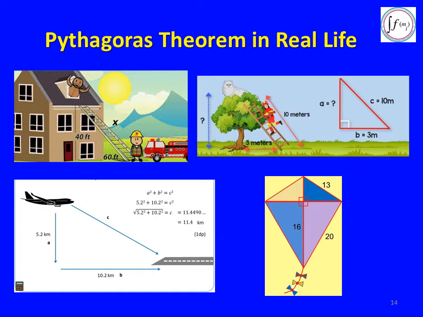With experience, we can understand the ratios of these lengths and the relationship between them. This aeroplane landing: what is the distance to be traveled up to the runway when the height is 5.2 kilometers and the horizontal distance to the runway is 10.2 kilometers? So these are real life situations, real life problems.